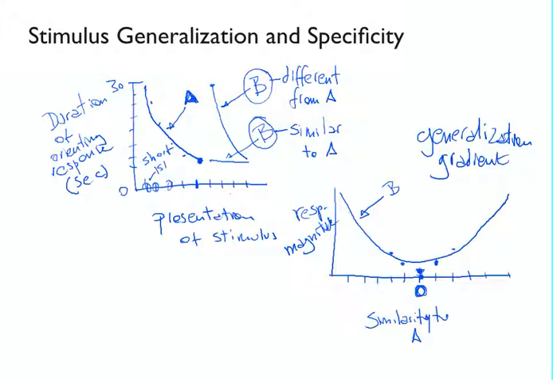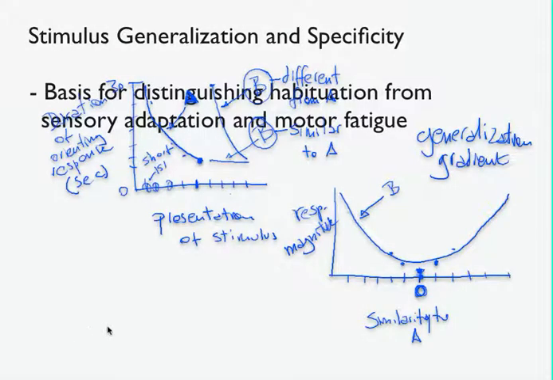Right? And this is an important point, not only because of the implications I was talking about, about having an organism tell us whether something is similar or different, but also because this is the basis for distinguishing habituation from sensory adaptation and motor fatigue. Why so?